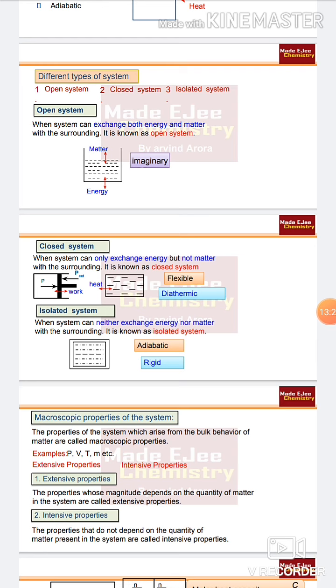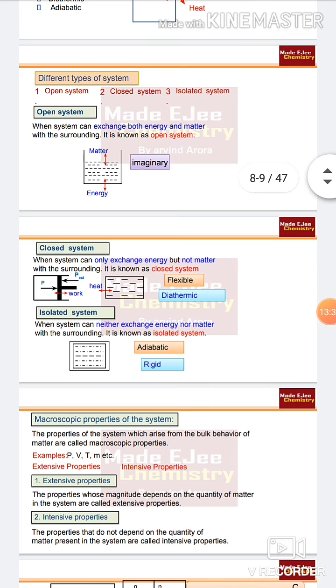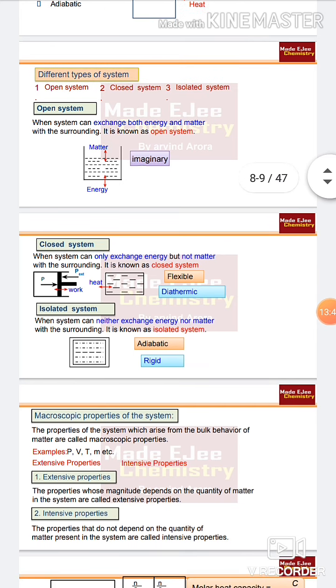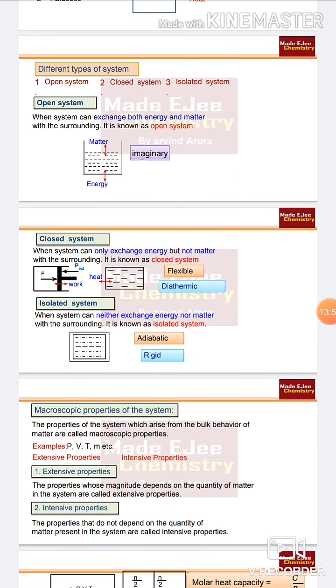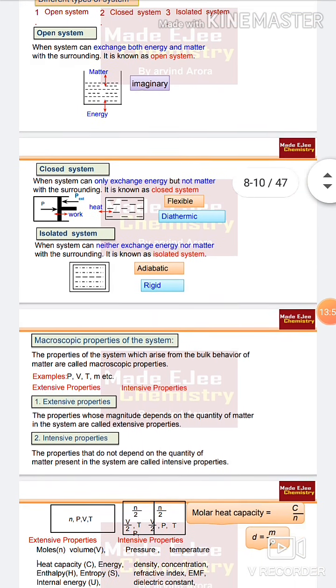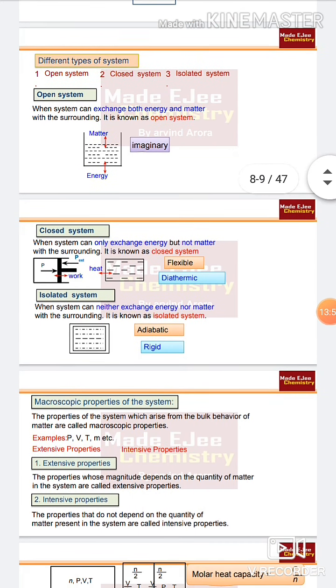In the second case, a cup which is closed with a lid, only the energy is transferred into the surrounding, not matter. In the third case, tea enclosed in a thermos flask, neither energy nor matter is exchanged with surrounding. This is a very simple example of open, closed and isolated systems. Hope you understand the types of system.